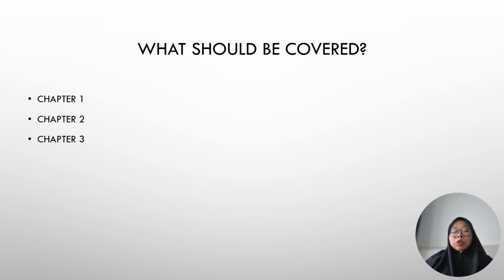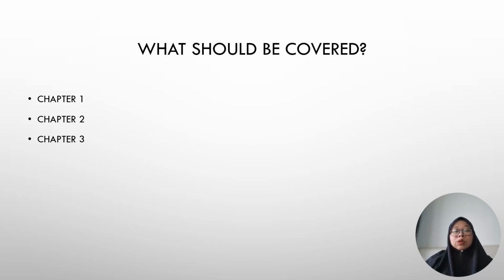Then you should be able to explore how a strong problem statement sets the direction for the entire study of your work, ensuring your research remains relevant, purposeful, and grounded in real-world needs.